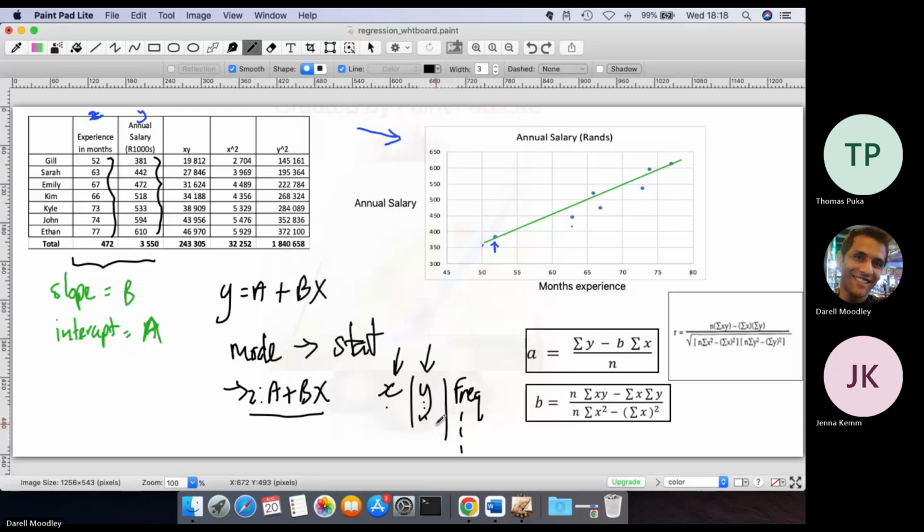Once you've done that, just raise your hands in the chat so I know you've done. Please capture those values. I'll check the chat for a second.